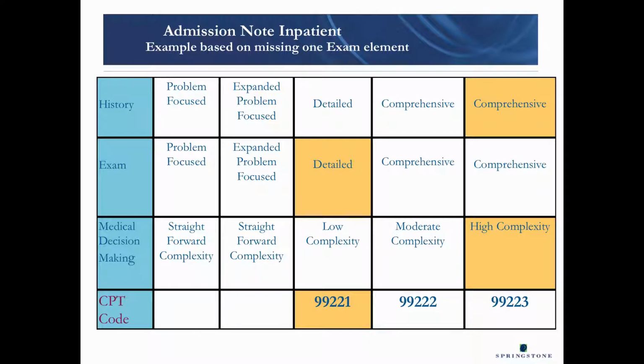You went from the highest to the lowest. That is the reason to impress upon you that you need to do a comprehensive exam on these initial patient visits, because both the 99222 and the 99223, as you can see here, require a comprehensive level exam, which is one from every single bullet.